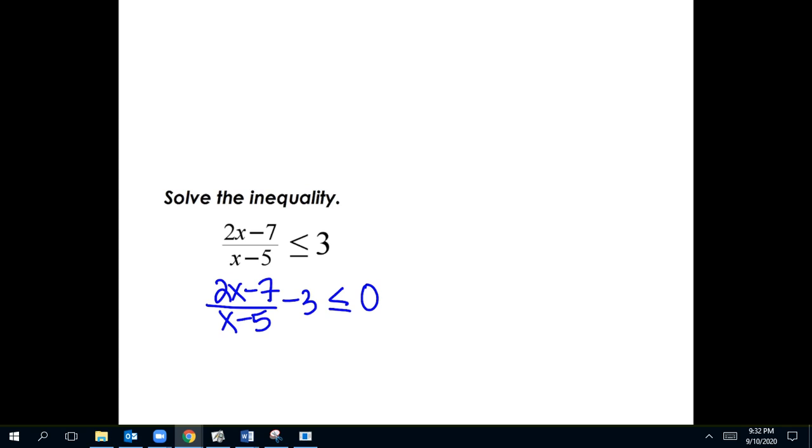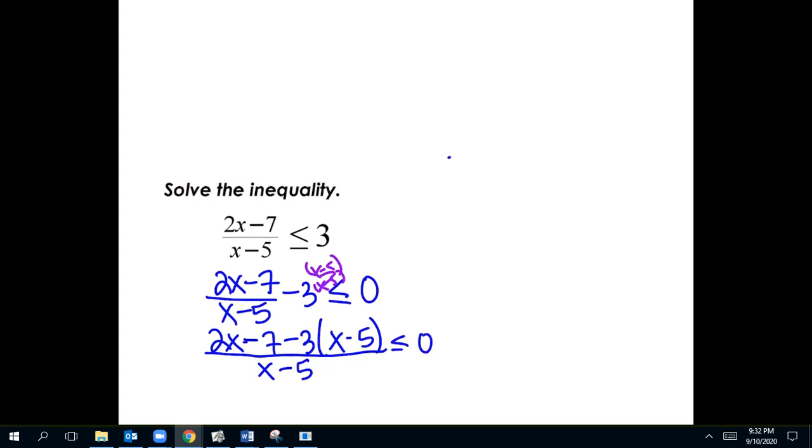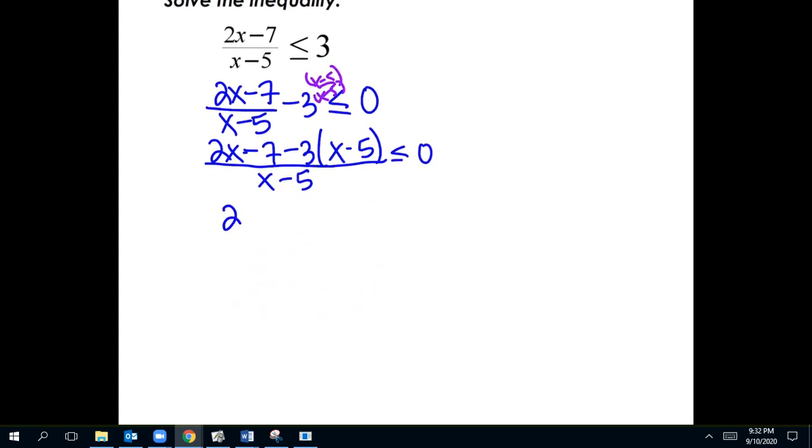So we're going to multiply this 3 by x minus 5 over x minus 5. And so that gets us 2x minus 7 minus 3 times x minus 5, all over x minus 5. And then we'll want to simplify this. So we want to distribute.